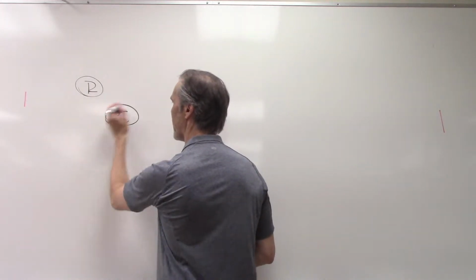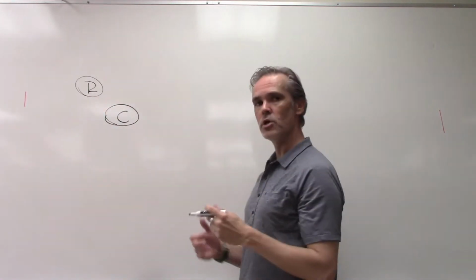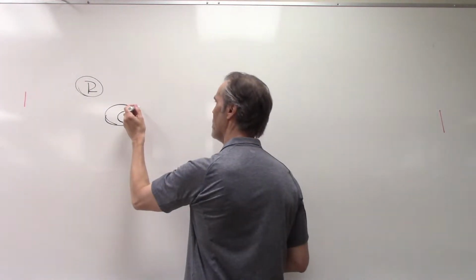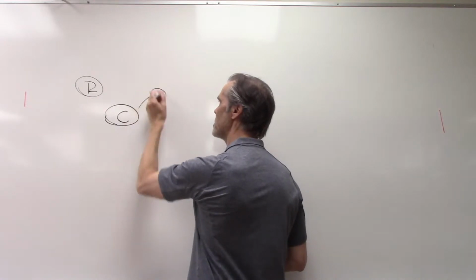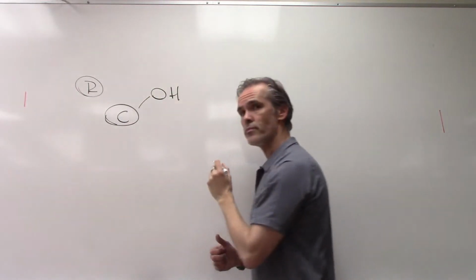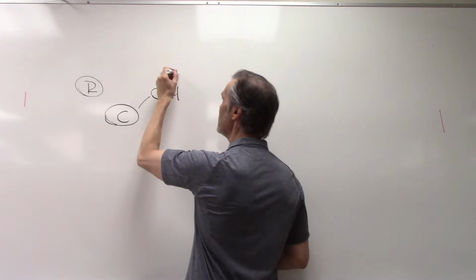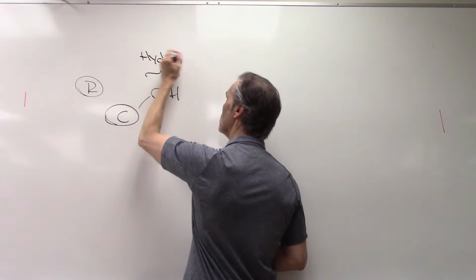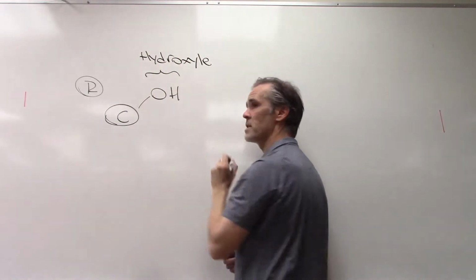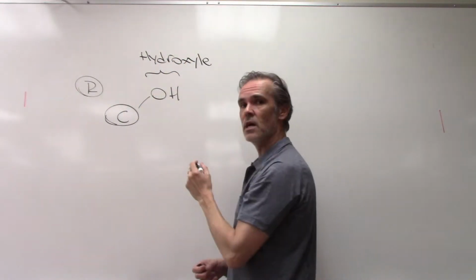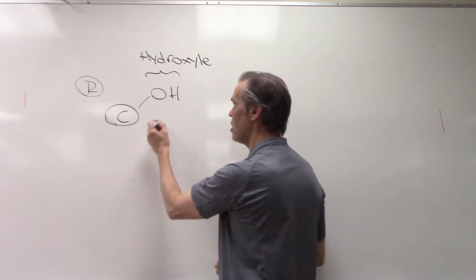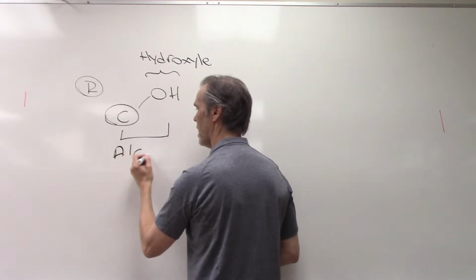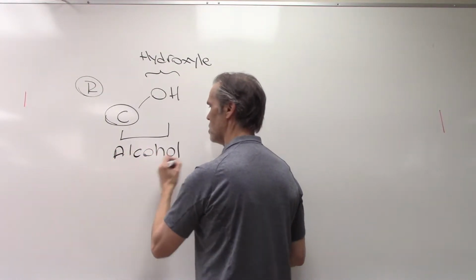So I'm going to draw my atom of carbon here, and I'm going to show you a few of those functional groups. Whenever you see something like this attached to a carbon, COH, what we have here is a hydroxyl group. Whenever you see this connected to a carbon, this is known as an alcohol group.